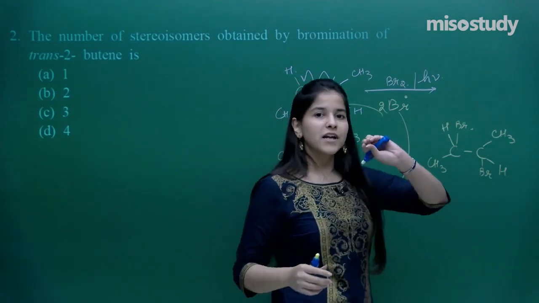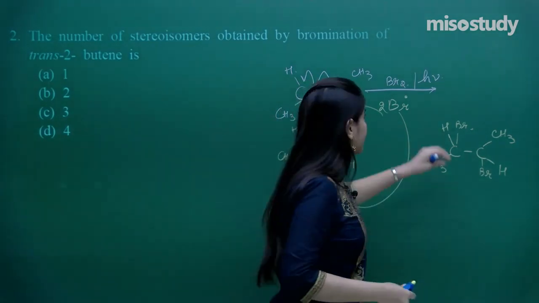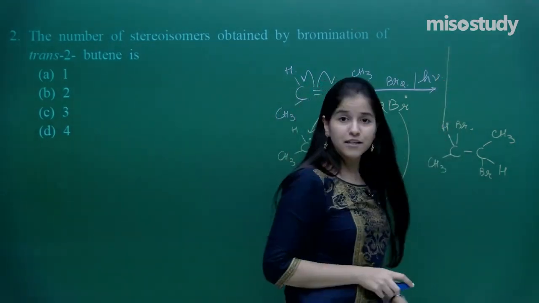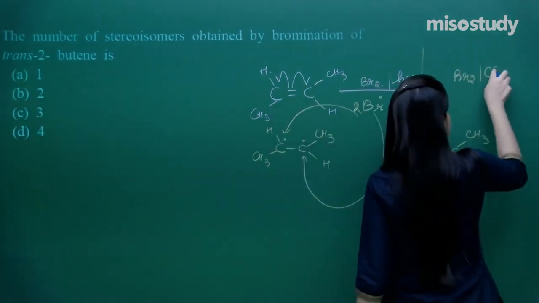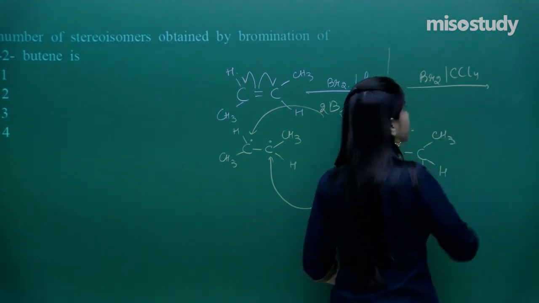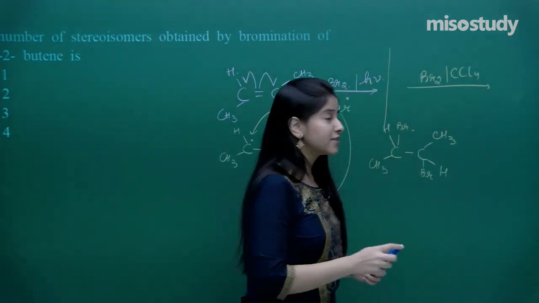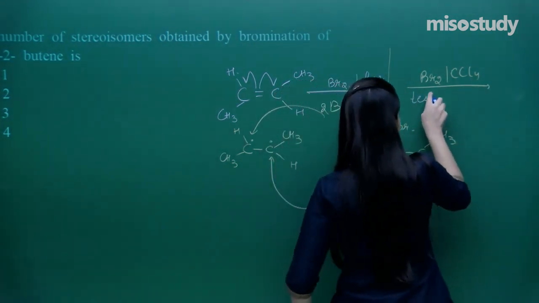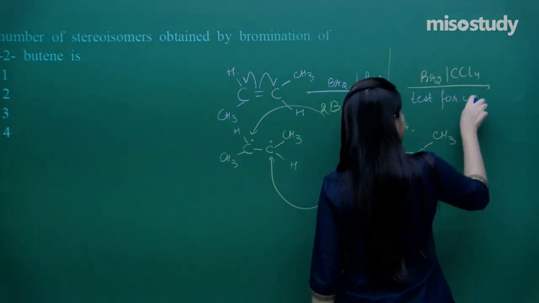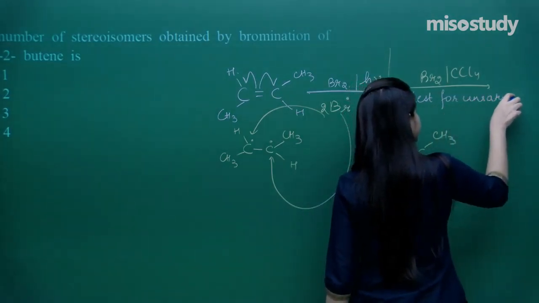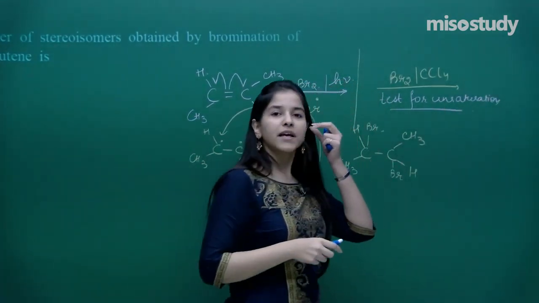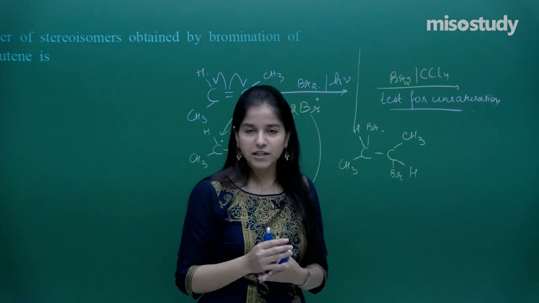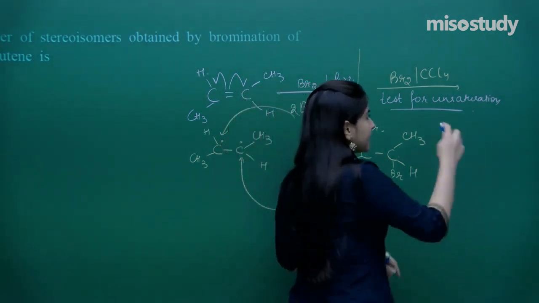I would like to discuss one more reaction over here, if I am not considering the free radical mechanism but the bromination in the presence of CCl4. That is what we have done under the category of test for unsaturation. So this is the test for unsaturation. In this, we always get an anti kind of product.